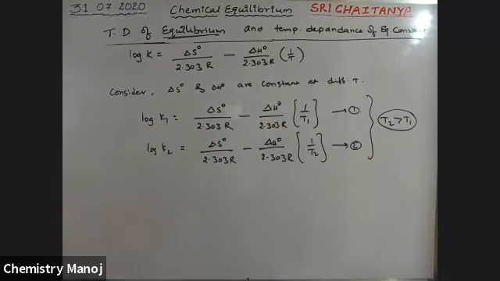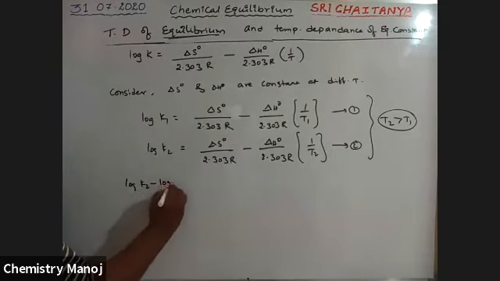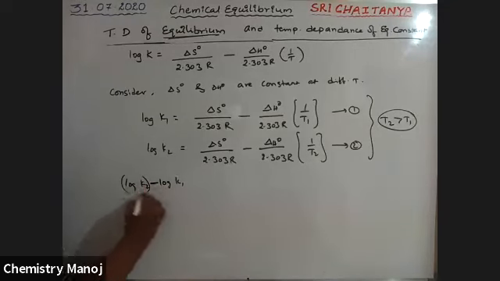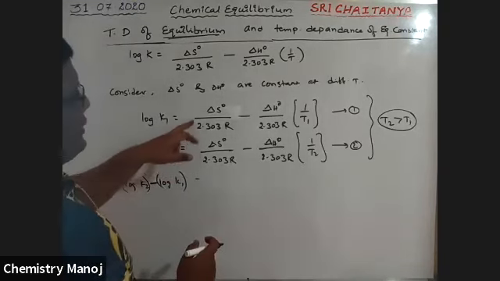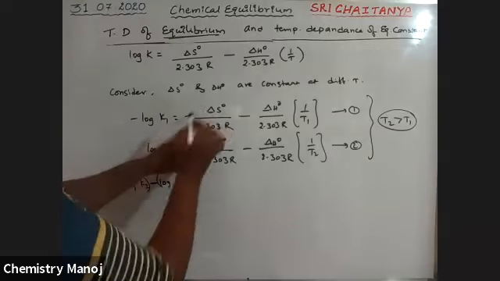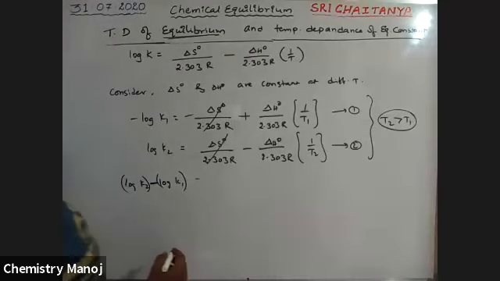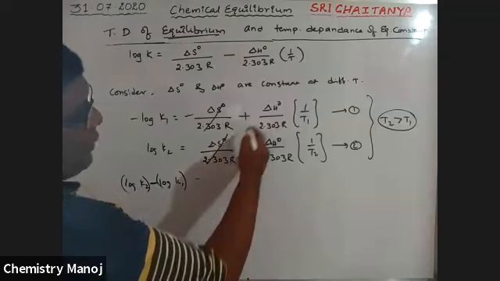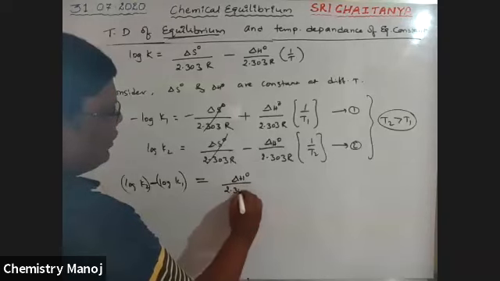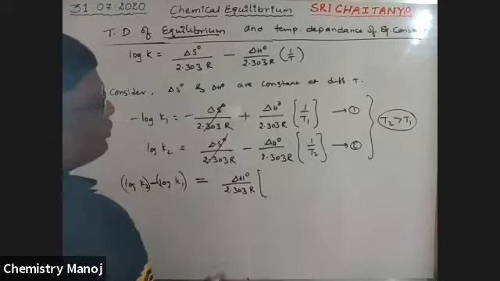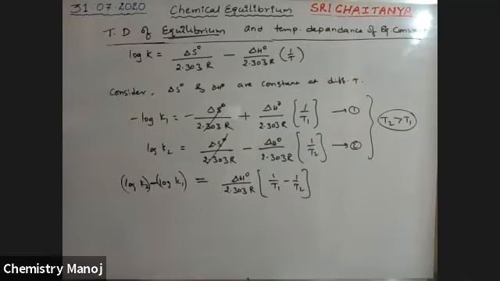Therefore, I am calculating log K2 minus log K1, that means the second equation minus the first. The delta S terms cancel. So log K2 minus log K1 gives delta H naught by 2.303 R into 1 by T1 minus 1 by T2.